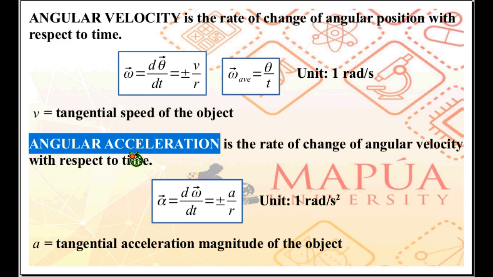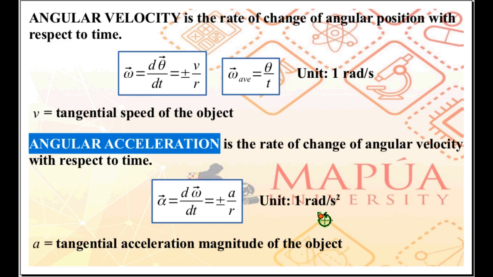You have angular acceleration. And if we use the equation for angular velocity, plus-minus v over r, and differentiate this with respect to time, we get plus-minus a over r, where a is the tangential acceleration magnitude of the object as it moves in a circle, or as it rotates about an axis.